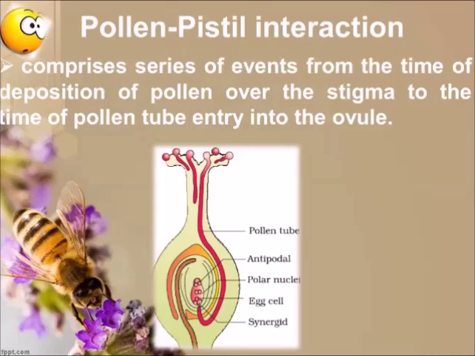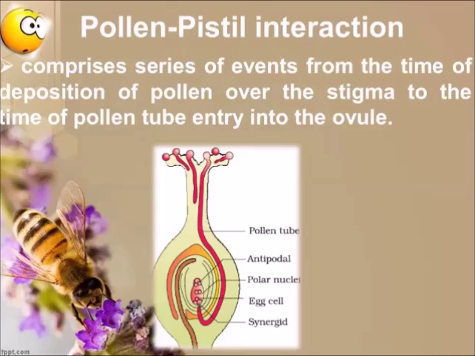If it is of the right type, the pistil accepts the pollen and promotes post-pollination events that lead to fertilization. However, if the pollen is of the wrong type, that is incompatible, the pistil rejects the pollen by preventing pollen germination on the stigma or the pollen tube growth in the style.